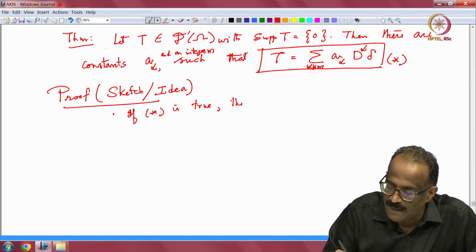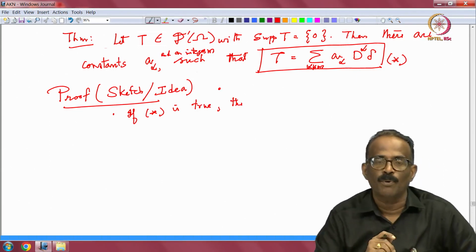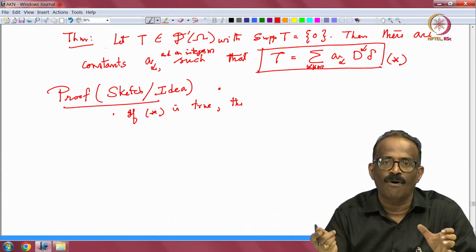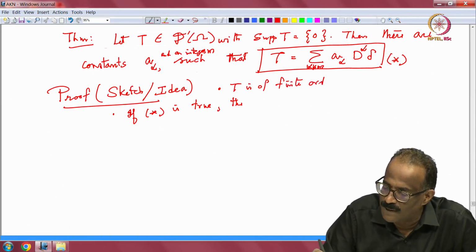then the first observation is this. The support of T is {0}, since it is compact support, T is of finite order.